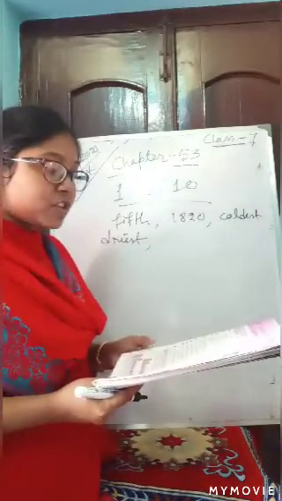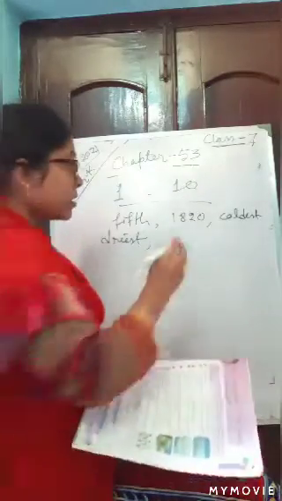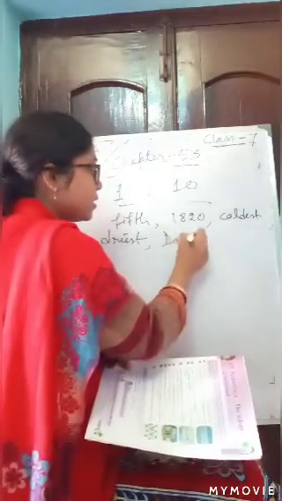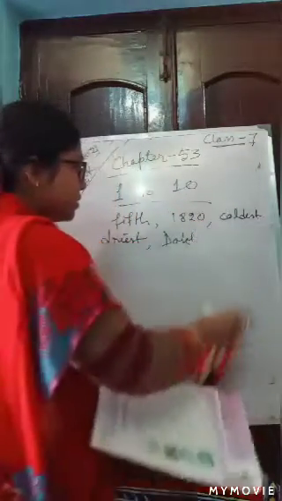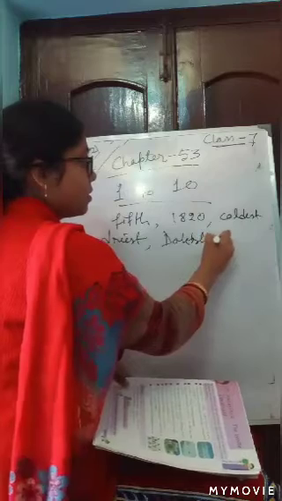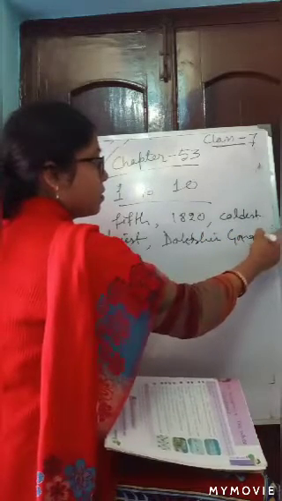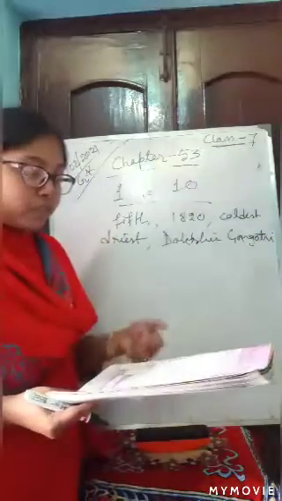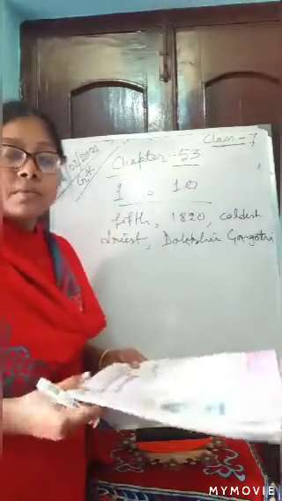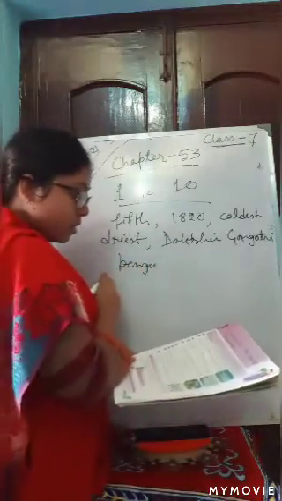The base camp established by India for conducting scientific studies is known as Dakshin Gangotri. The penguin is the most popular bird seen in this place.